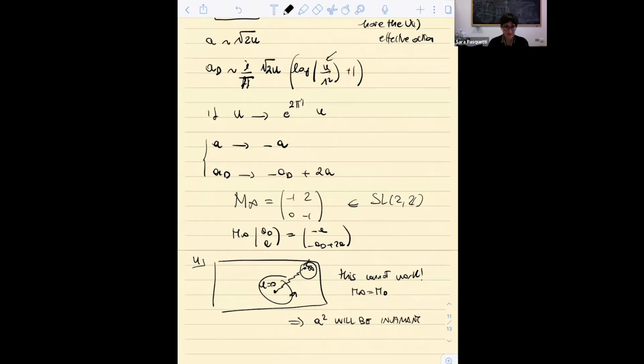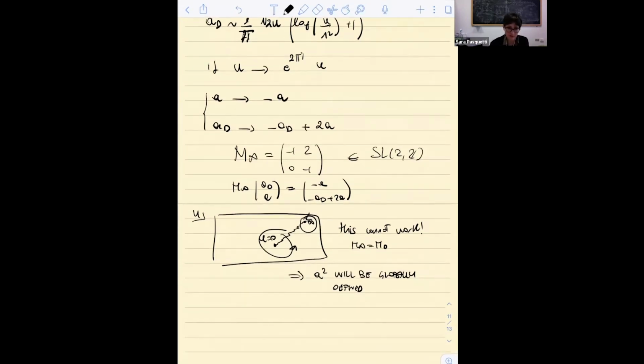So A squared would be globally defined. But unfortunately this is not going to fix our problem of not having a description which is valid everywhere in the moduli space.